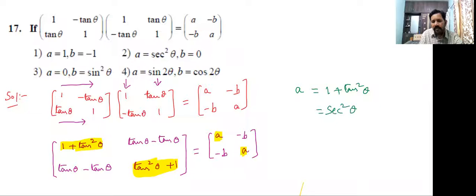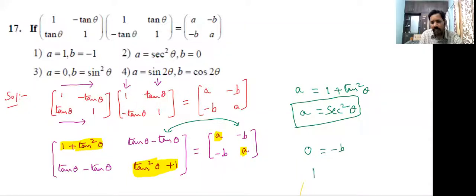So the A value is secant square theta. Then compare B: tan theta minus tan theta is equal to 0, that is equal to minus B. Finally, what is the B value? 0. The A value is secant square theta, the B value is 0.